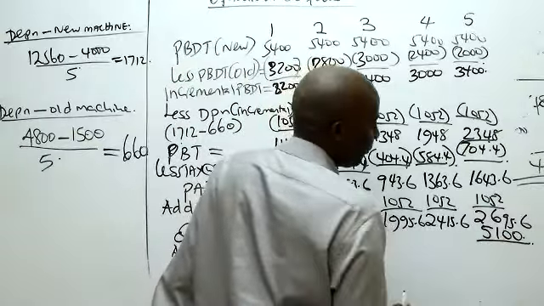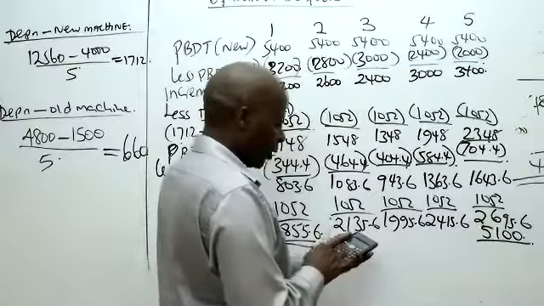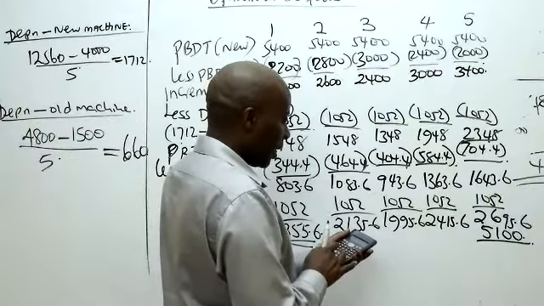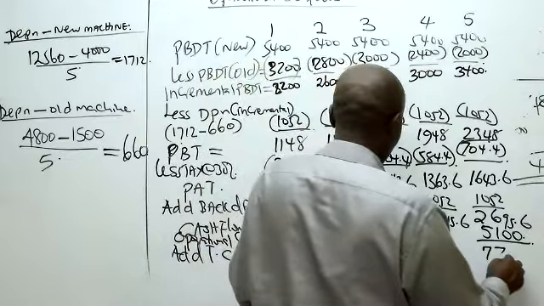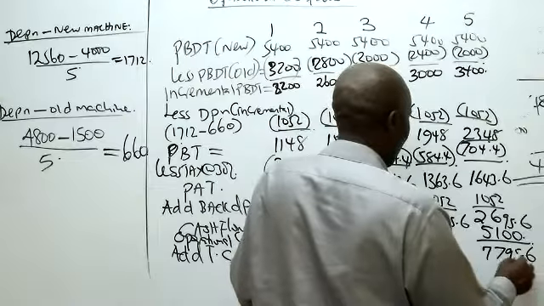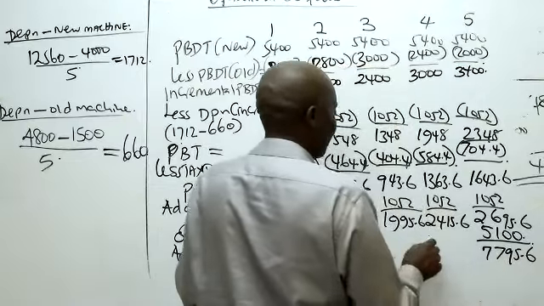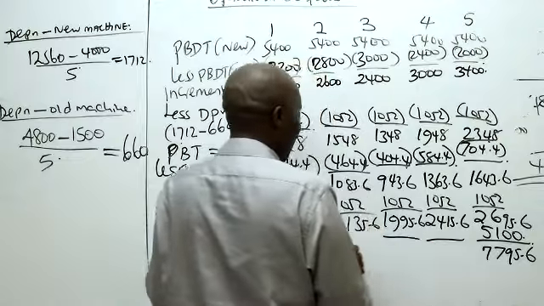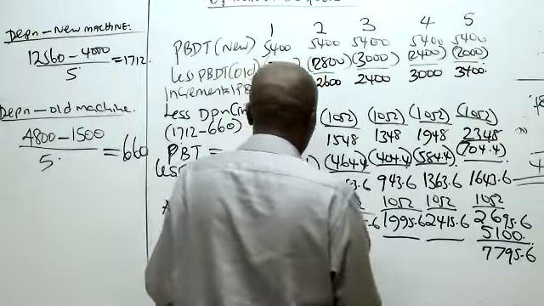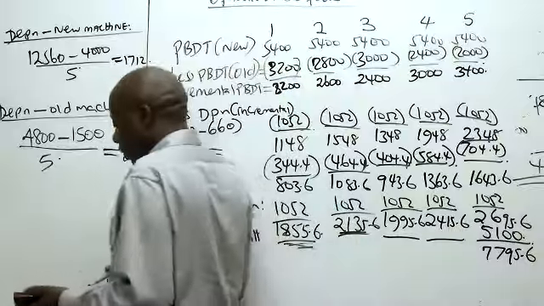So we have here 2695.6 plus 5,100, which will give us 7795.6. And all the other figures will remain like that.